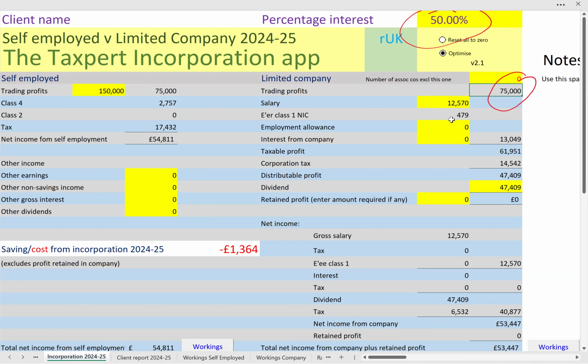And here I can see, not surprisingly, that the optimum would be to have a salary of 12,570, and the rest of the distributable profit, 47,409, would come out as a dividend. And on that basis, we're assuming a 100% distribution of the remaining profit.